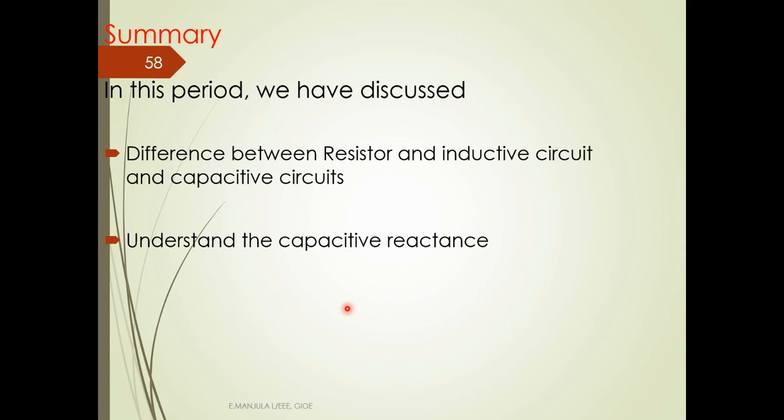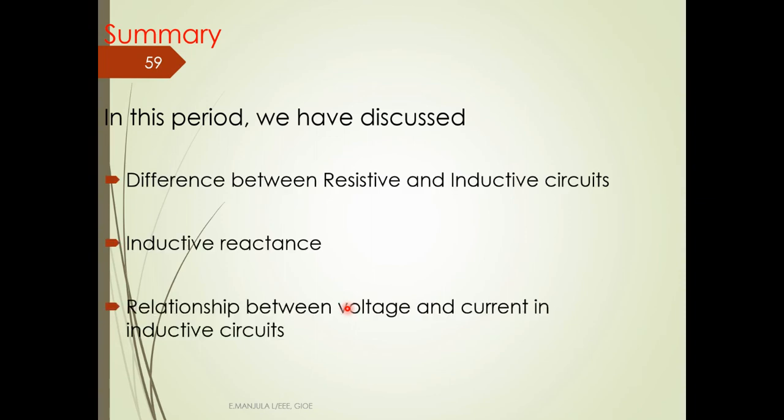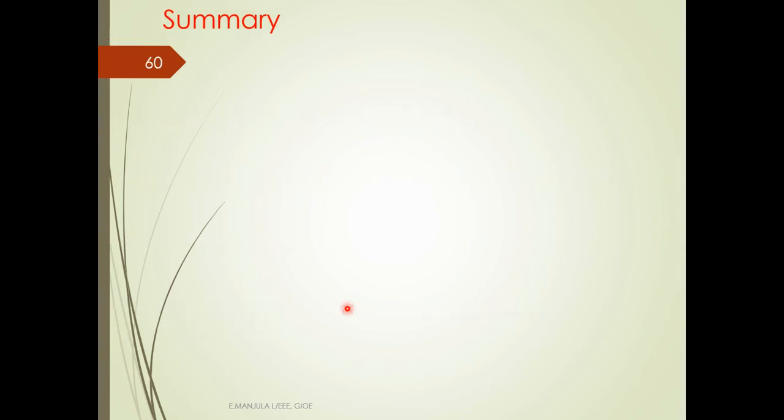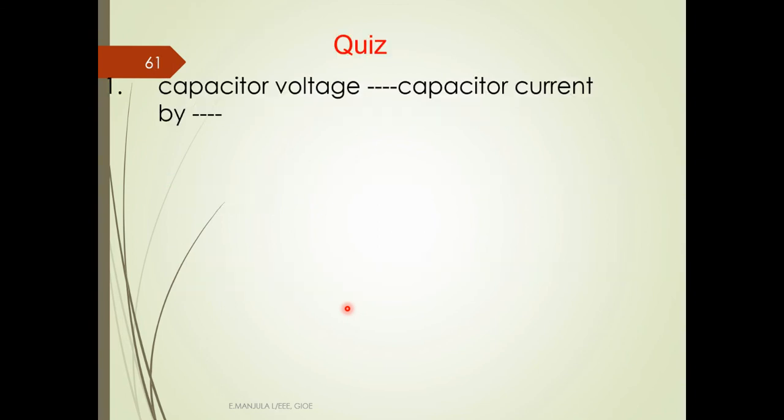So we have understood capacitive reactance and the relationship between current and voltage in capacitive circuits, inductive reactance and the relationship between voltages and currents in inductive circuits, the representation of currents and voltages with vector diagrams, and the derivation of the relation between voltage and current in pure resistive, inductive, and capacitive circuits.